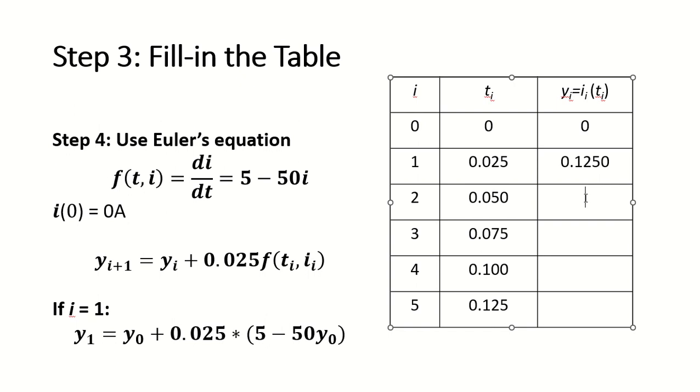Let me type them: 0.0938, and then the next one, 0.1016.